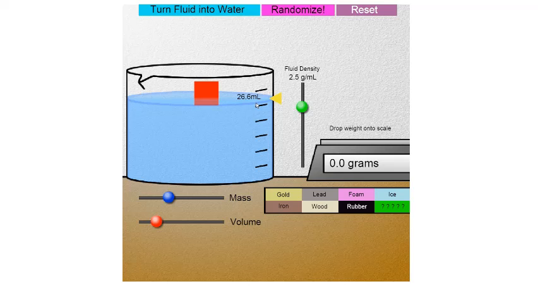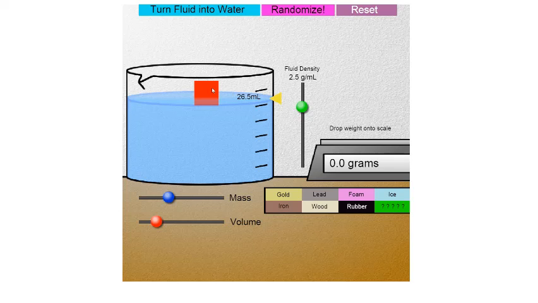Well, that's because, as Archimedes figured out, submerged objects displace fluid. The amount of this object that is below the surface is pushing fluid out of its way, and therefore the fluid level rises. Okay, so I want you to just play around with this activity.